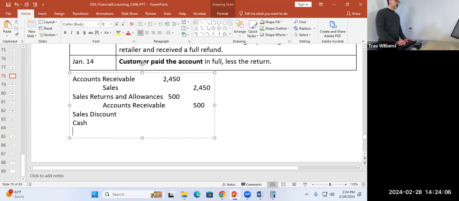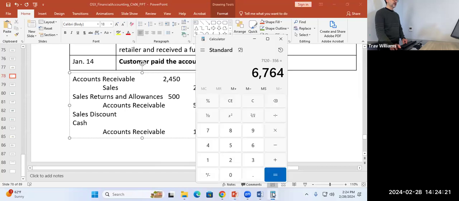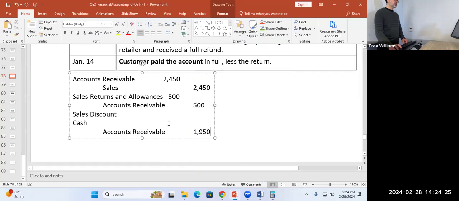So it'd be sales discount, cash, and accounts receivable. Again, the entire $1,950 that they owe us gets credited to accounts receivable, but they're getting the 2% discount, right? They're getting that $39 off. Okay, and then they're paying the difference.